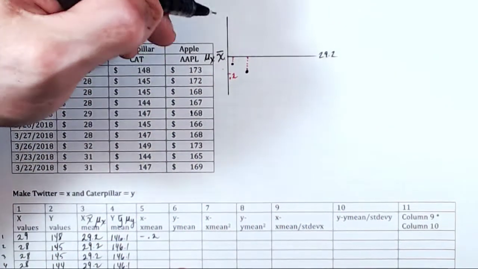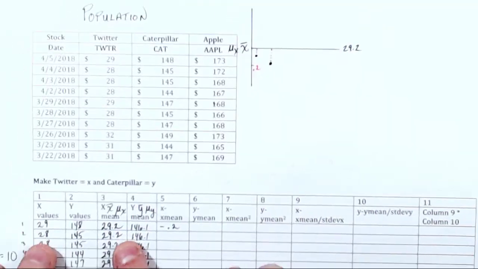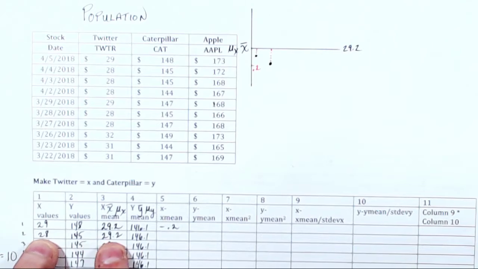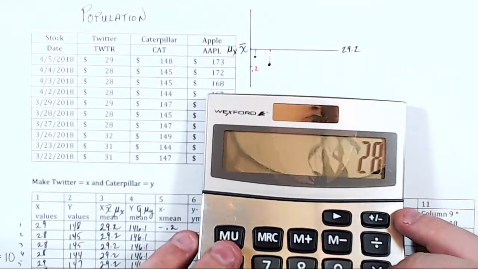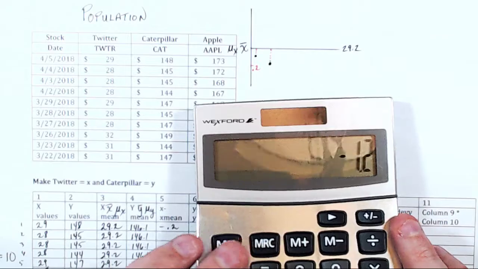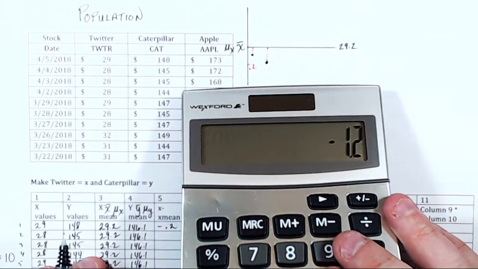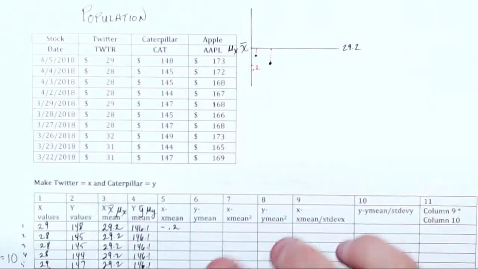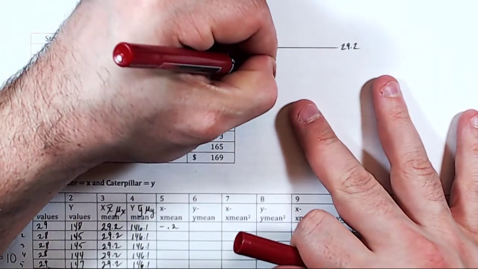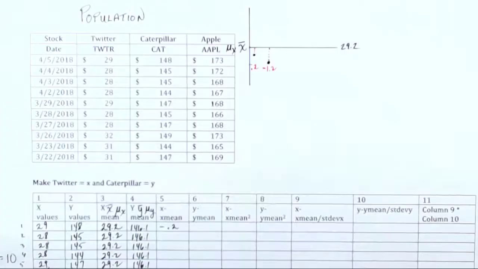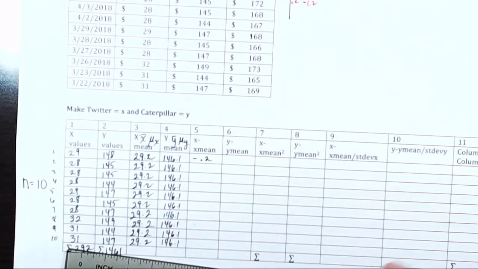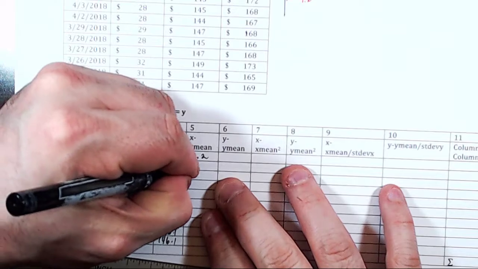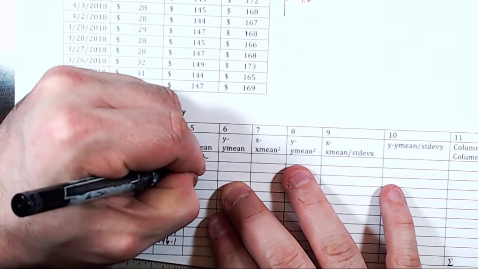Well, it's a negative number because the mean is 29.2. So what I should have done, to not confuse anyone, is take the price that's given and subtract out 29.2. So this value is minus 1.2. That's what I'm going to put down here.